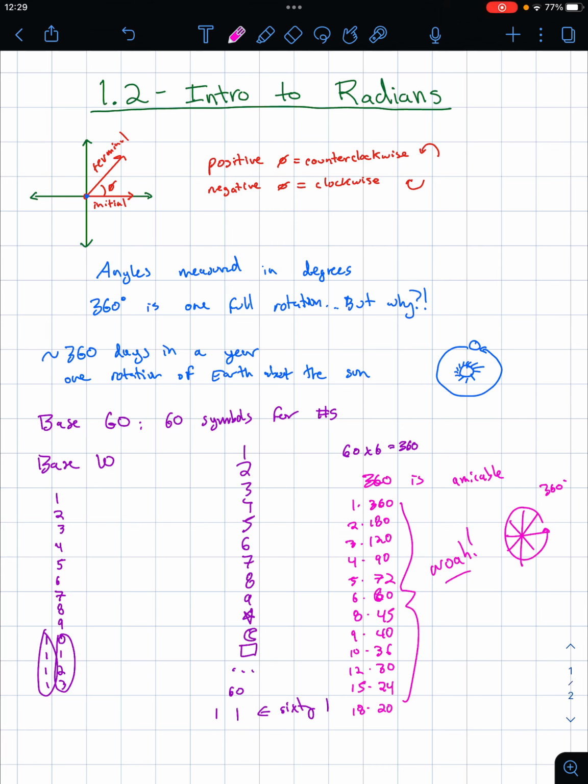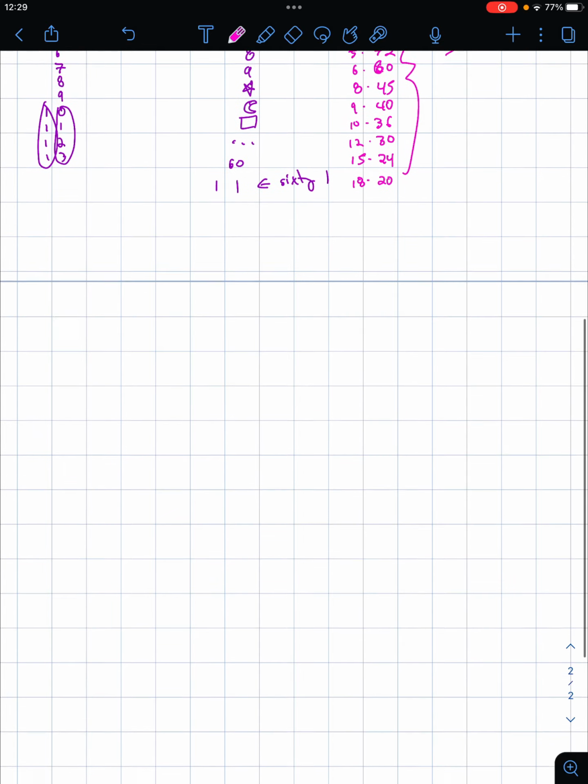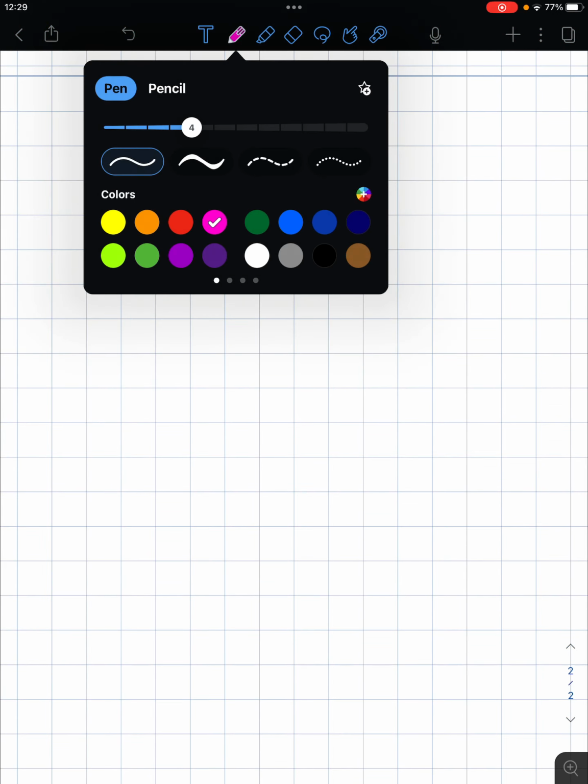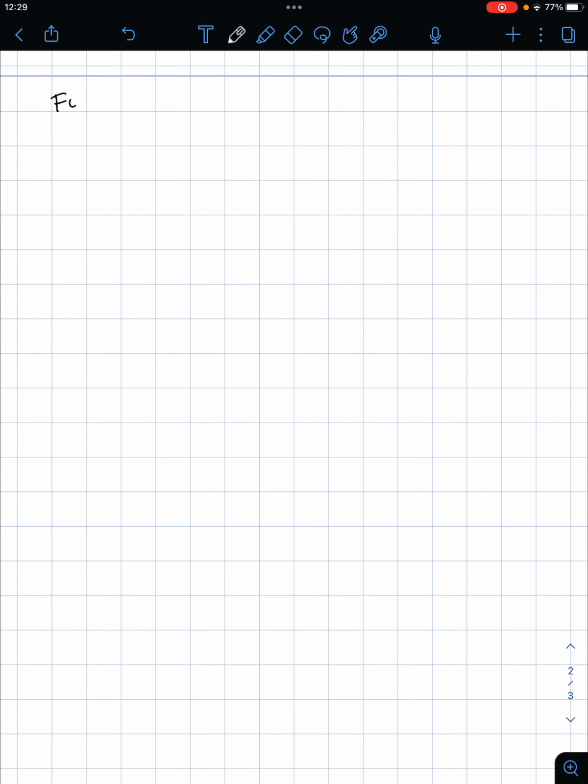But sometimes there's reasons that we might want different units of measurement, right? In theory, we could have picked anything. Degrees are arbitrary. The fundamental unit or measure of an angle is one full turn.